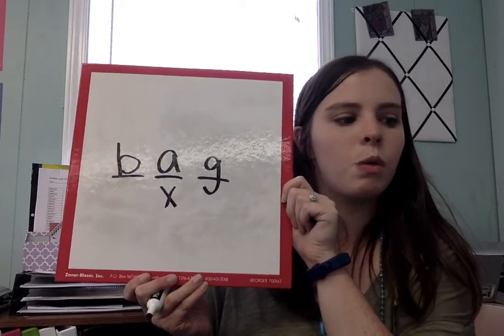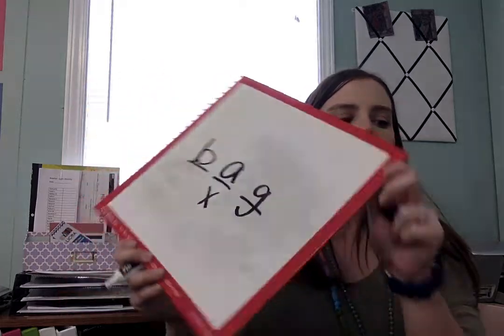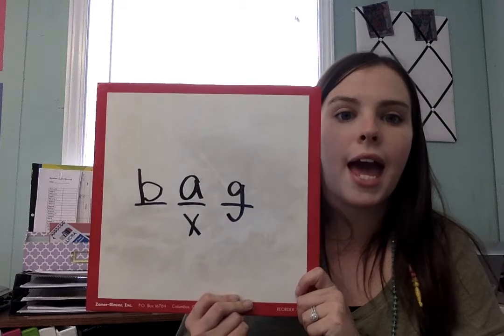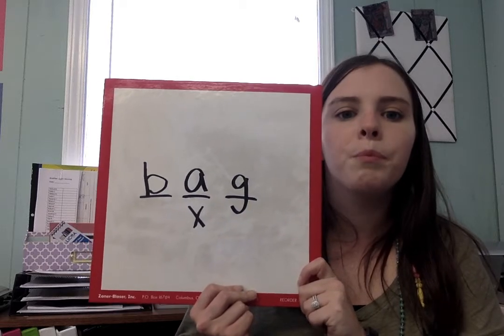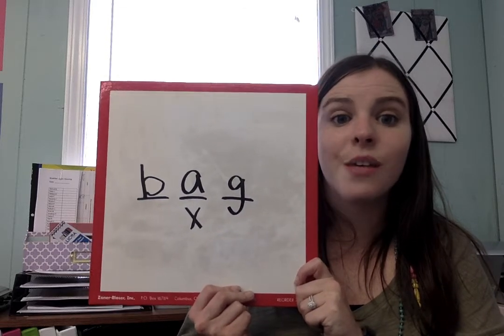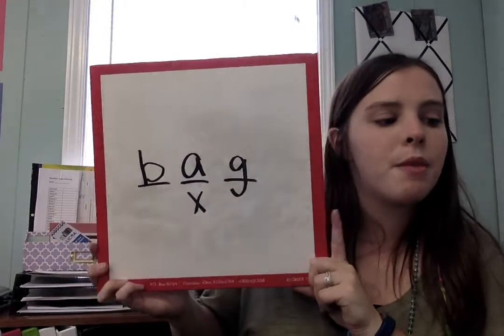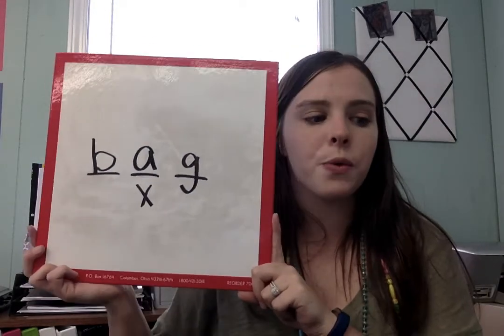Bag. That's right. And so most words have a beginning consonant sound. So looking at your word, what is the beginning consonant sound in bag? B, b. That's right. It's the first sound you hear. Awesome. And then every word has a vowel sound.